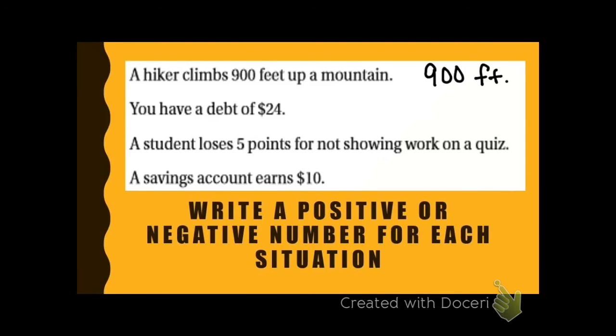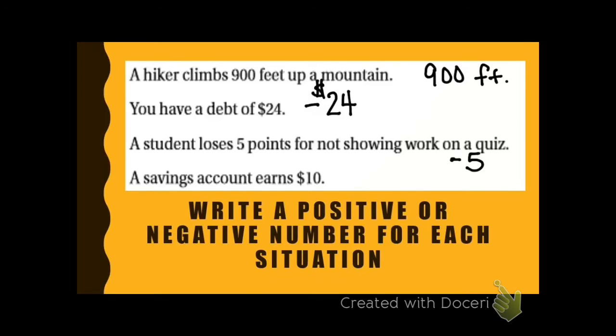And remember, I don't have to put the positive sign in front of the 900. You have a debt of $24. Well, a debt is money you owe someone. So that would give me a negative $24. I owe someone $24. If a student loses 5 points for not showing work on a quiz, that would be a -5 on his score. It would deduct points.